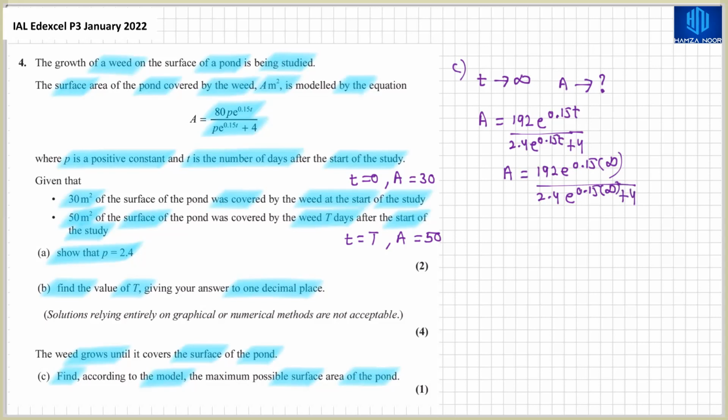When t approaches a very large value, e raised to the power 0.15 times t also approaches a very large value, isn't it? Because it is an increasing exponential term. So area would be equal to infinity upon infinity plus 4.